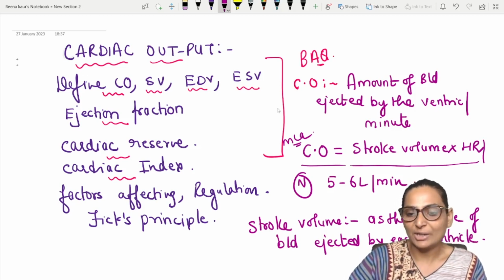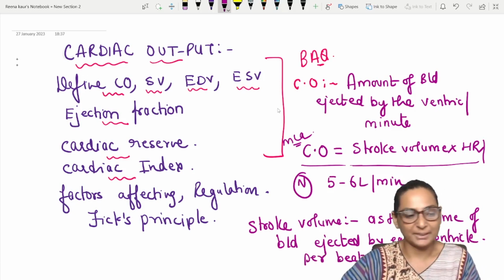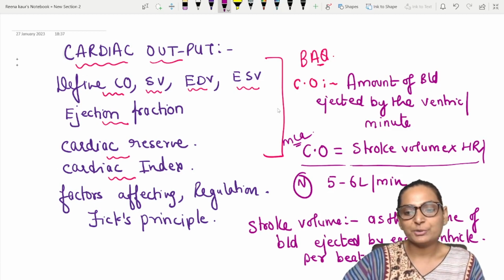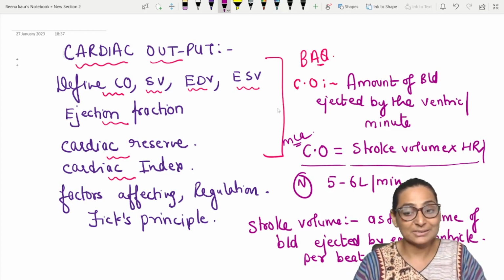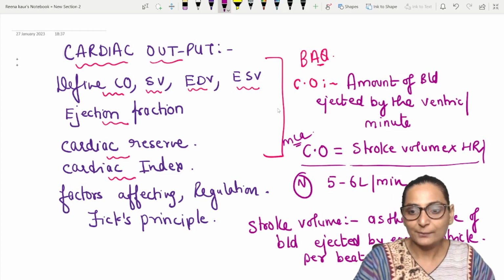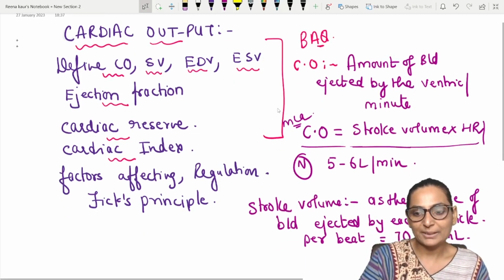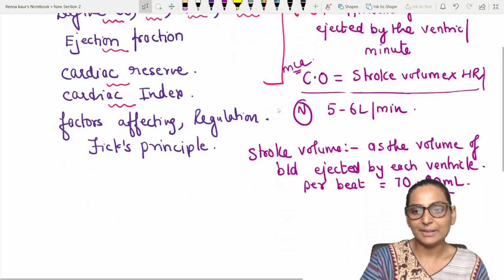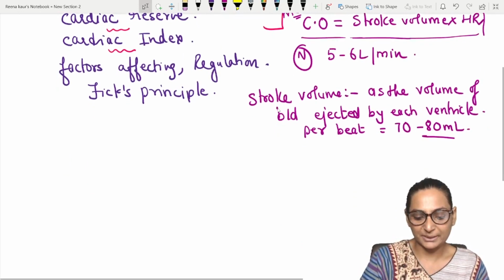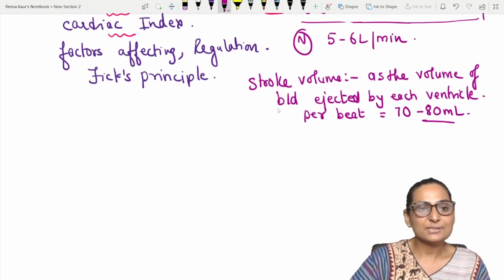This is the most important thing: it is per beat, and the other is per minute. Its value is around 70 to 80 ml. Look, this is ml and that was liters per minute. So there is a difference between the two. Okay, so this is stroke volume.